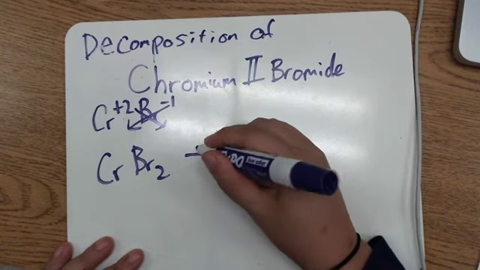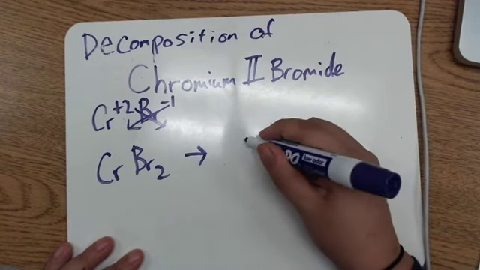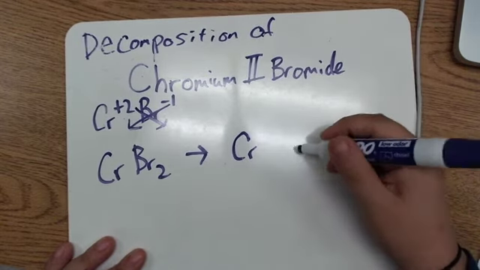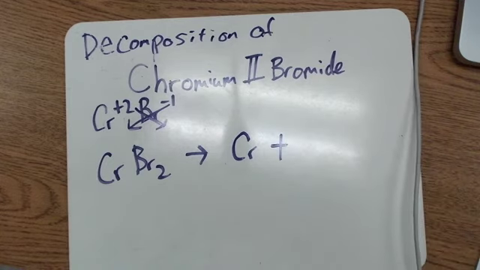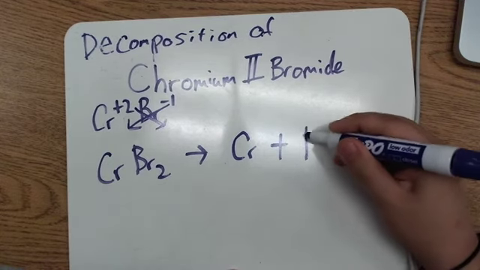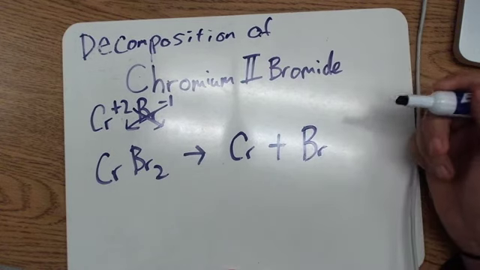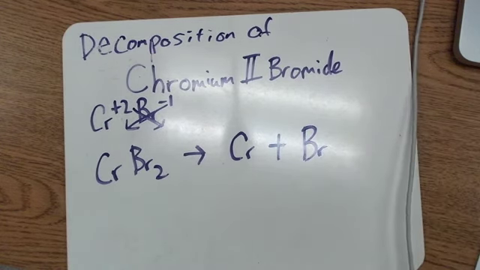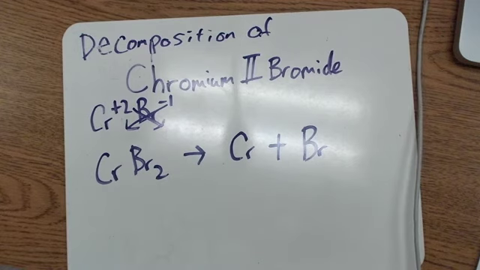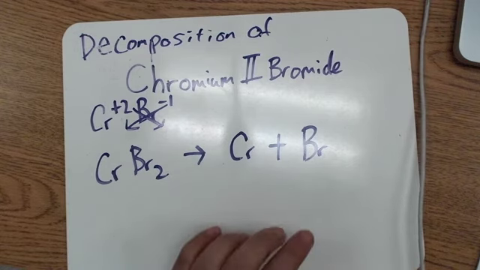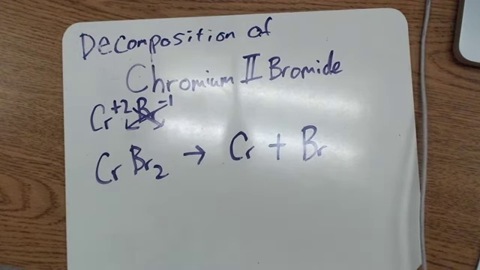Now I'm going to split them up, just like I would split some kids up if they're doing some PDA. I put my arms up and I get in between them. So I'm just putting in a plus sign. Now I need to look for my diatomics. Chromium does not end with gen or ine, so it's left alone.